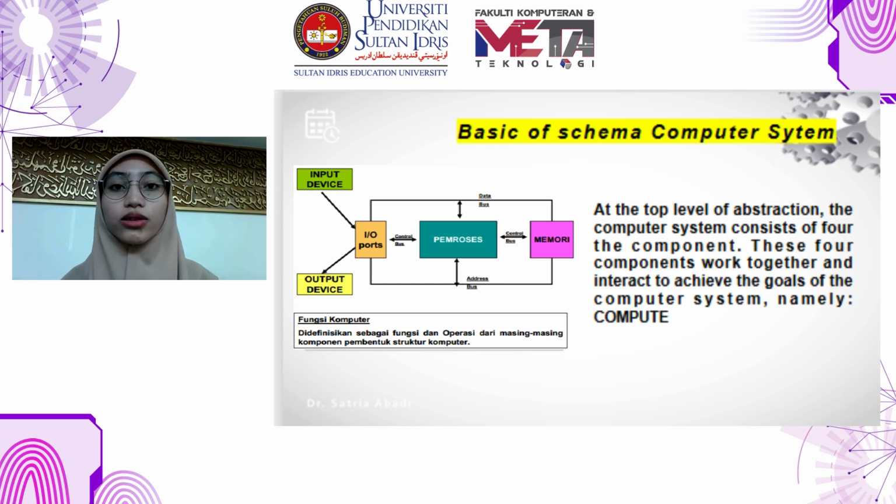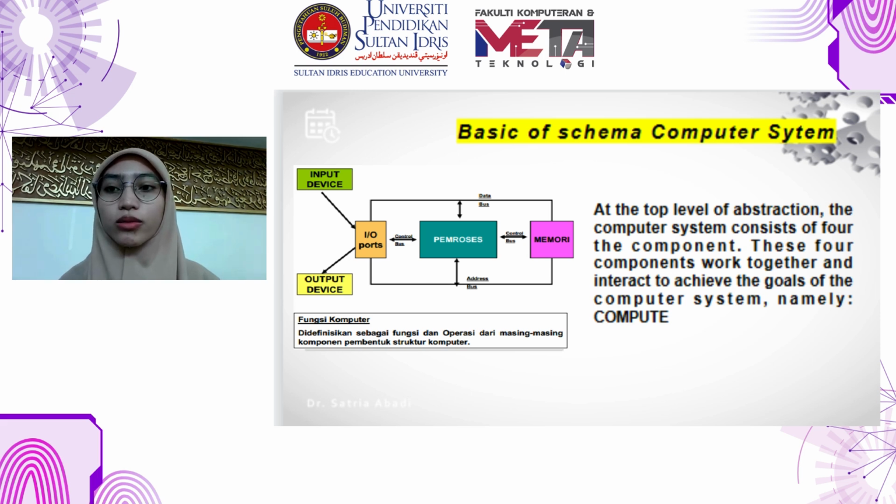This carries the actual data back and forth between the memory, processor, and input or output ports. Next, the address bus. This is used by the processor to specify the exact location, the address in memory, where it wants to read data from or write data to. Next, the control bus. This bus carries control signals that ensure all operations are synchronized and managed correctly.